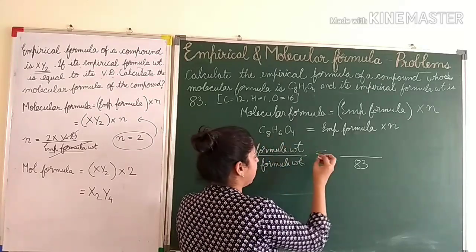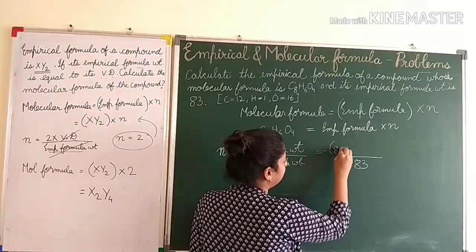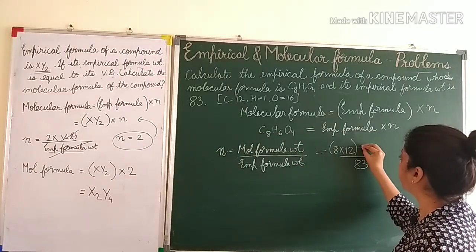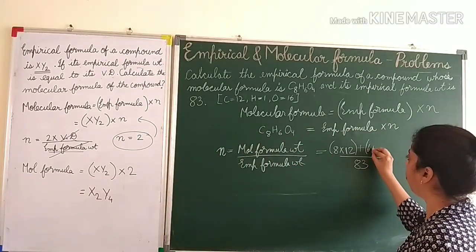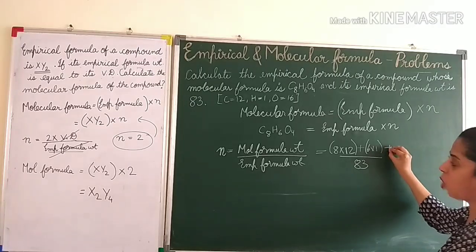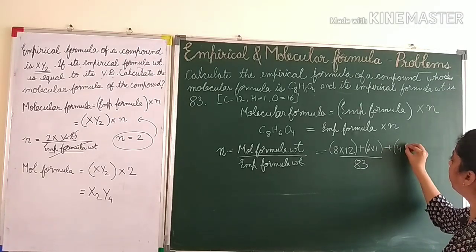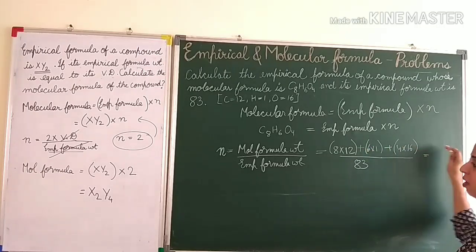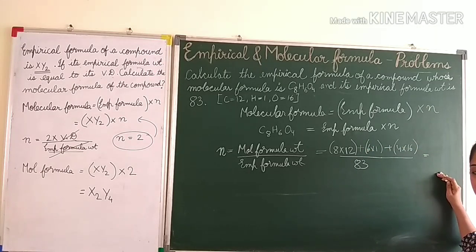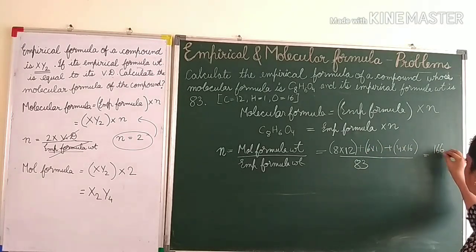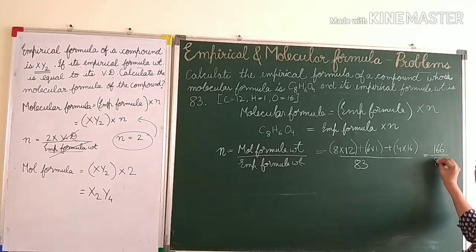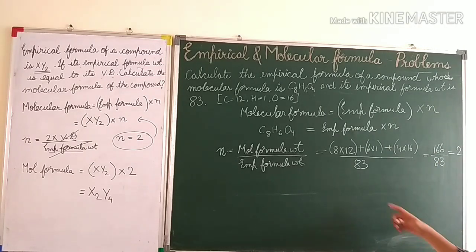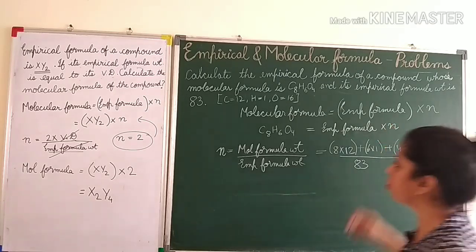So carbon is 8, so we will write 8 into weight of carbon, that is 12, plus hydrogen is 6, so 6 into 1, plus oxygen is 4, so 4 into 16. And hence we calculate the molecular formula weight and then divide it by the empirical formula weight. 166 divided by 83 comes out to be 2. So N is 2.